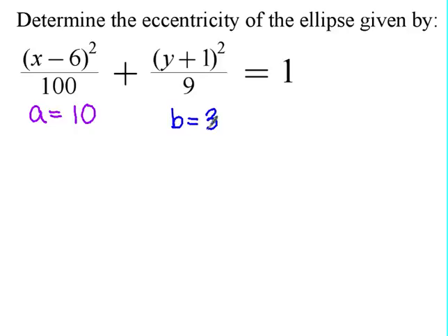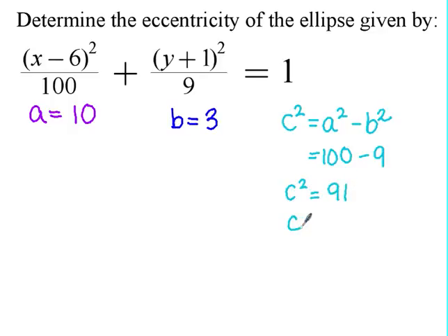So what I need to do is find C. To find C, I'm going to use the formula C squared equals A squared minus B squared. In this problem, I know that A squared is 100 and B squared is 9. So what does C squared equal? 91. So C equals square root 91.